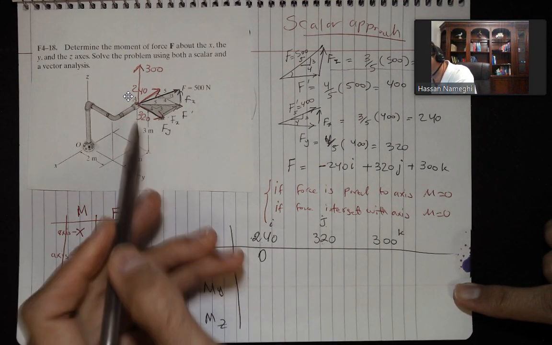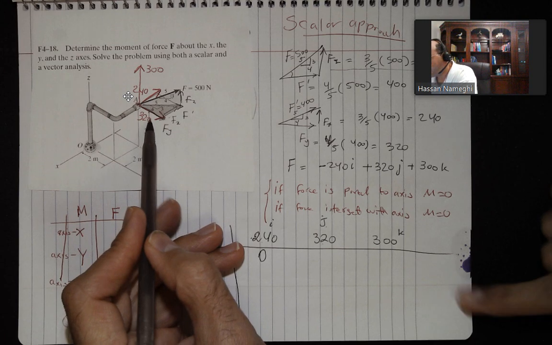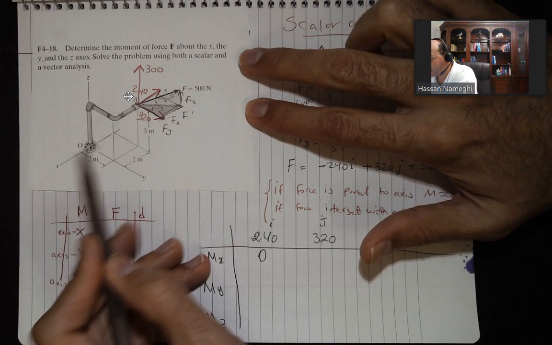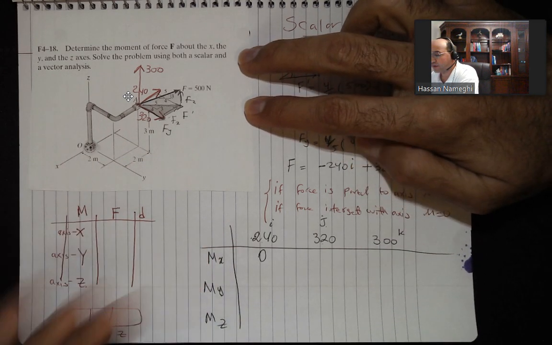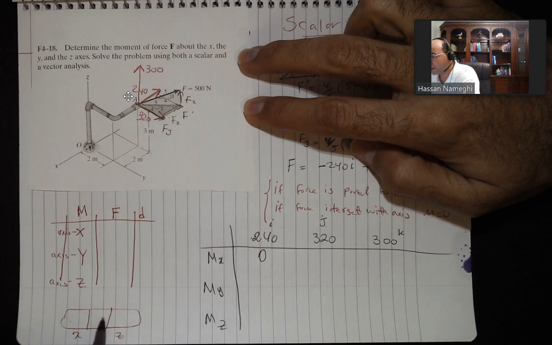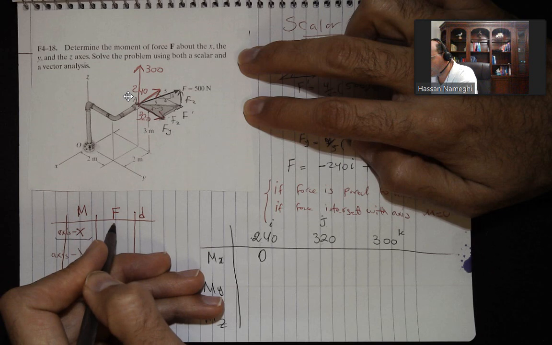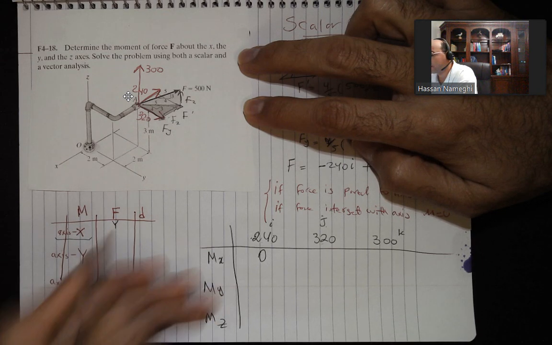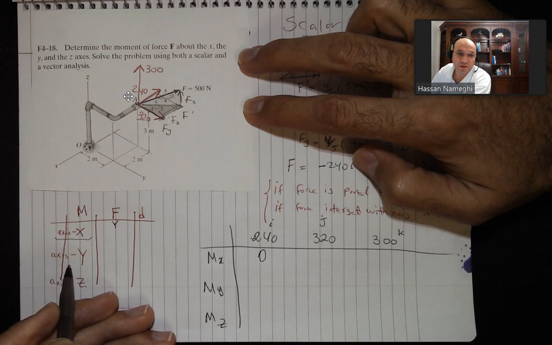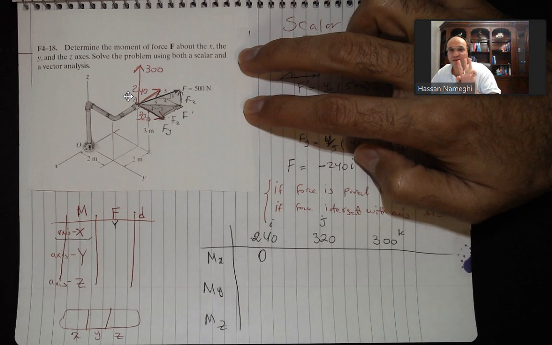Now, force 320. The force 320 is on the y. We like to do moment about the x-axis. Where is your distance going to be? So I'm going to go back to here. I want to do moment about the x-axis. The force that I have is on the y. Where is my distance going to be? Remember, we have only three combinations, x, y, and z.